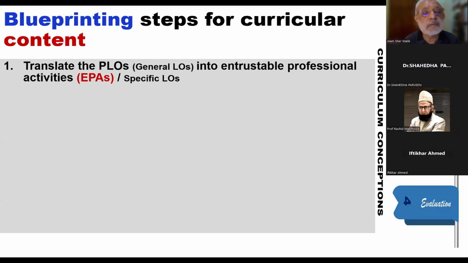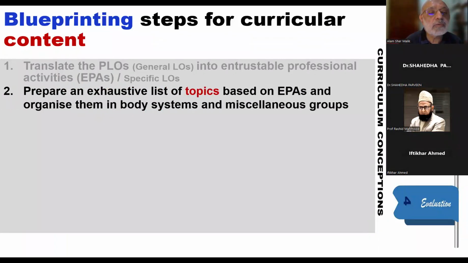The first one, as we have just discussed, translate the program learning outcomes into entrustable professional activities. Number 2, prepare an exhaustive list of topics based on the EPAs and organize them in the system and miscellaneous group.